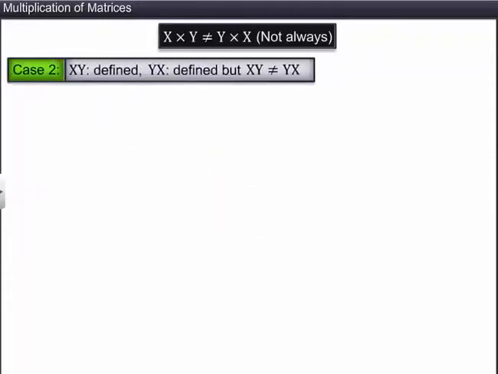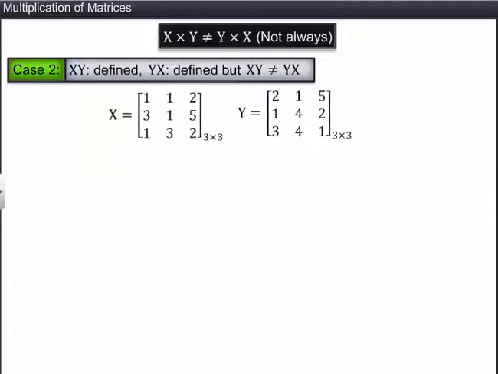Sometimes, products XY and YX are both defined, but XY does not necessarily equal YX. Let's verify the case with the matrices shown. X and Y are 3 by 3 matrices. X multiplied by Y is as shown.